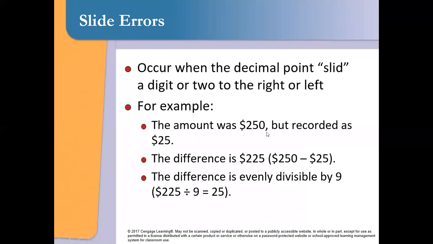So if the amount was 250, but we recorded it as 25, the difference is 225. The difference is evenly divisible by 9. So if you had a slide problem, remember, we have to find whatever the difference is between debits and credits. We divide that number by 9 to see if this was a slide issue.